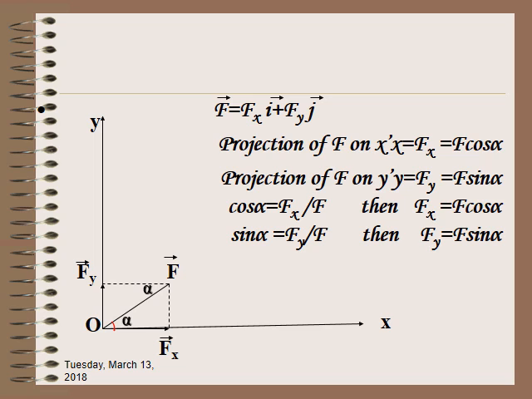Adjacent is Fx, hypotenuse F. So cosine alpha equals Fx over F. Then Fx equals F cosine alpha. Now sine alpha is equal to opposite over hypotenuse. Opposite is Fy, hypotenuse F, then sine alpha equals Fy over F. Then Fy equals F sine alpha.